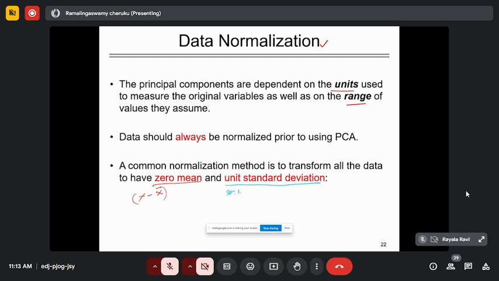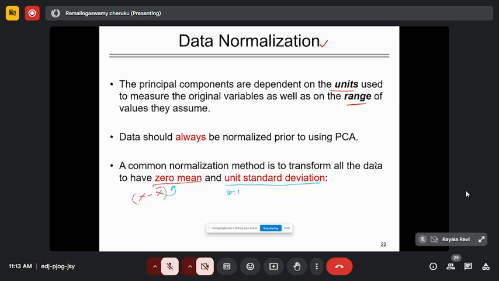Zero mean data we get when we subtract x bar, the mean of all the points, from every point. If you then find the mean of such normalized data, it will definitely be 0.